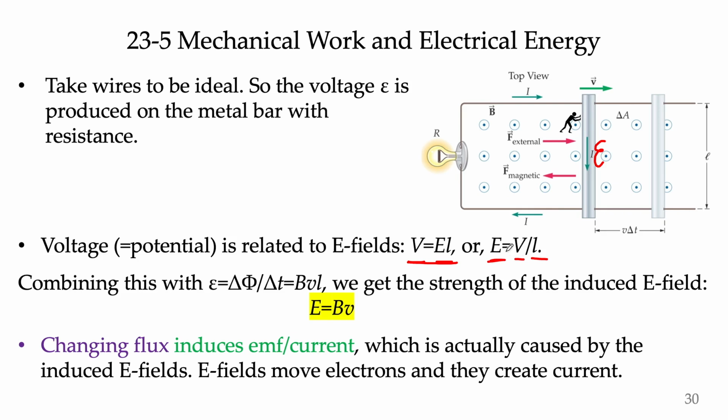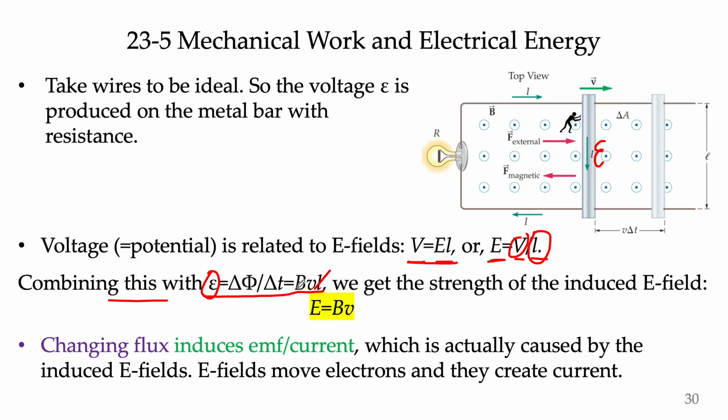So in this case, the electromotive force we calculated in the previous slide is B times V times L. Now, if I divide the voltage by L, the length of the wire, this L will be gone.